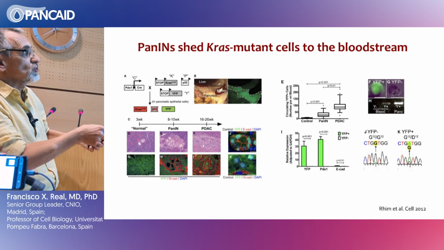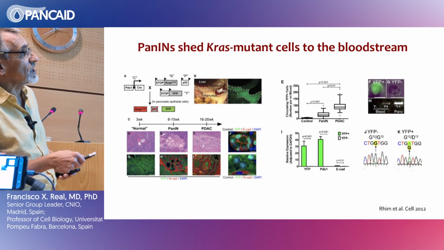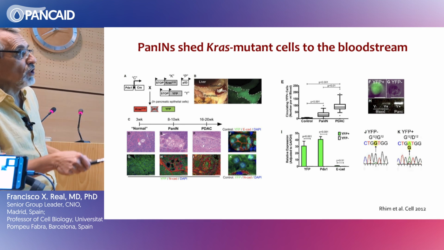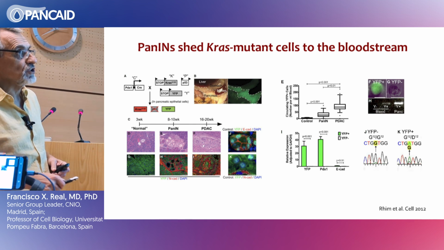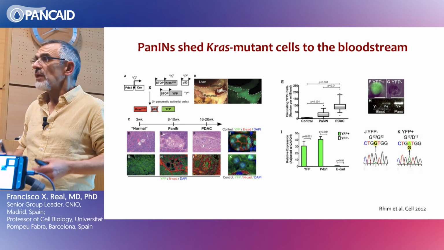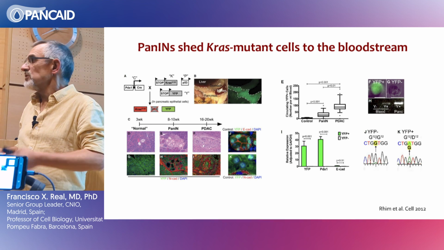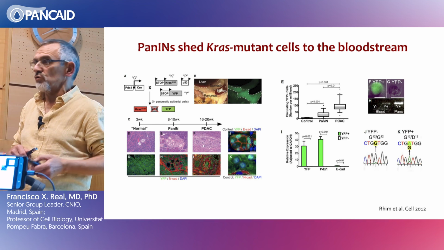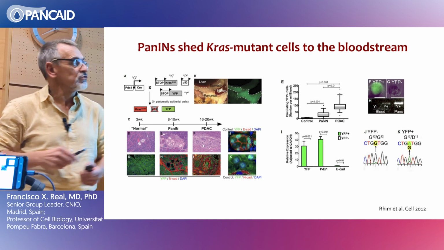They showed that with a number of genetic proofs, and they also showed that the cells they isolated in blood do have recombination of the reporter that they had used, and they do contain the KRAS mutation that they had introduced. So things can happen even before an invasive tumor is diagnosed in a mouse. If you're interested in early diagnosis and screening, this is interesting.